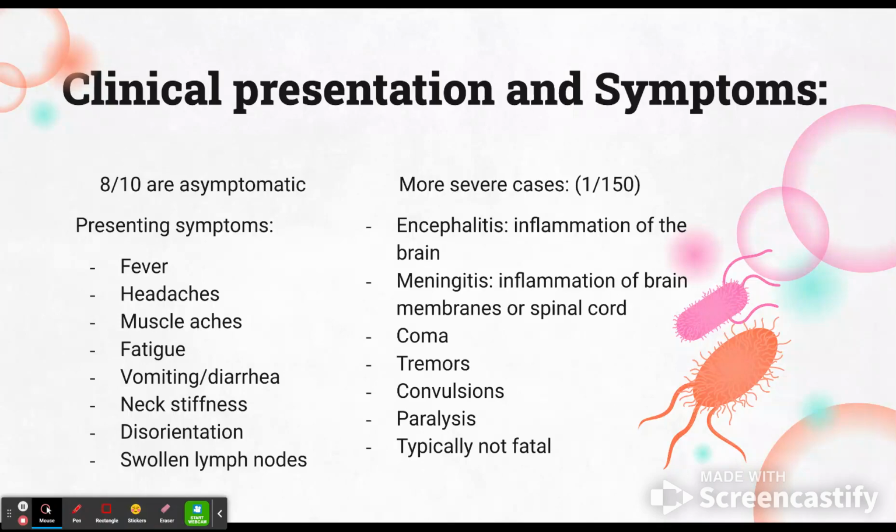In these cases, a person can develop encephalitis, which is inflammation of the brain, or meningitis, which is inflammation of the brain membranes or spinal cord, or they can develop a coma, tremors, convulsions, or paralysis. Typically, West Nile is not fatal, because about 3 to 5% of severe cases are fatal.